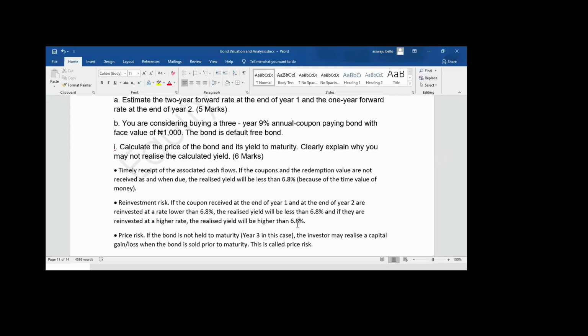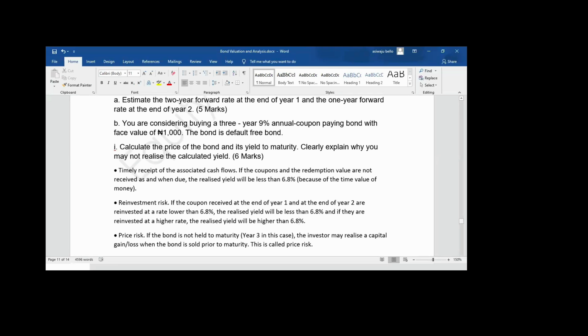For the examiner to bring in forward rates, it's an indication that he's going to the other aspects of the syllabus, other aspects of bond valuation. What am I trying to explain? Please, whether it is tested or not, go with the knowledge of forward rate computation. All right?